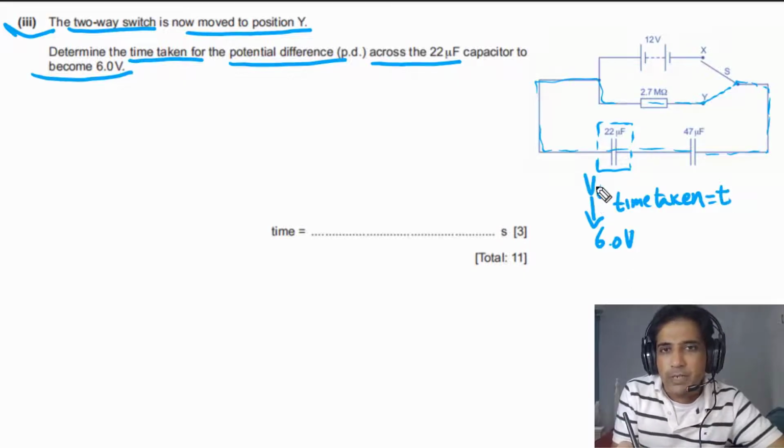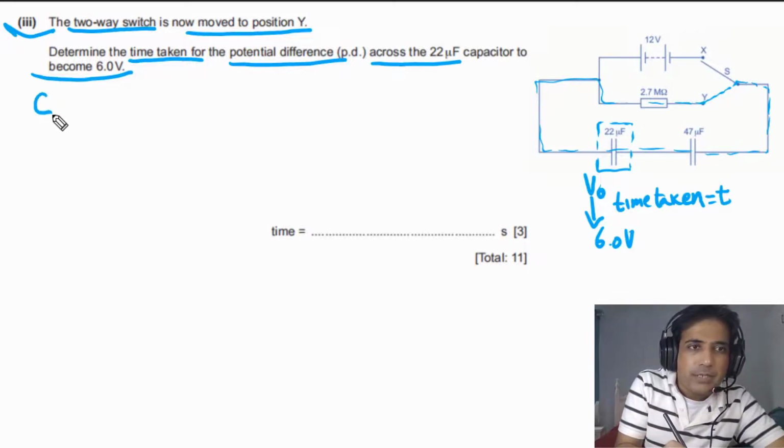First of all, we need to calculate the value of V naught, meaning the initial potential difference across this capacitor. We have already discussed that the total capacitance of these two capacitors is equal to 15 microfarads.